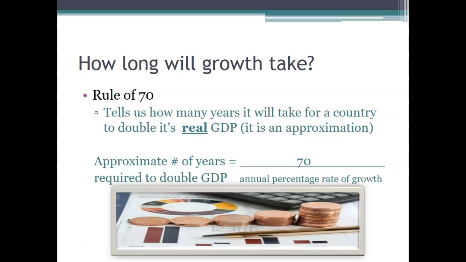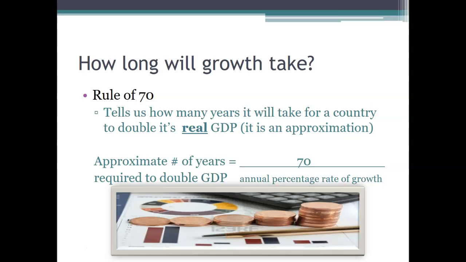Last thing is this: how long will it take to double an economy? We have this thing called the rule of 70. If you've known math, you've heard the rule of 72. It's pretty much the exact same thing. We're going to use 70 as the number. So this concept is a geometrical equation, but we simplify it down. It tells us how many years it'll take for a country to double in whatever you're talking about.